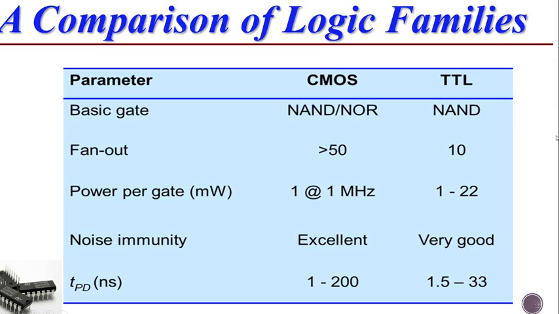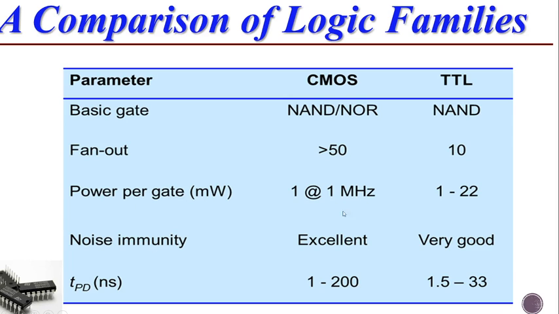The basic gates, NAND and NOR gates, can be constructed using CMOS, and here the NAND gate is used in TTL. Fan out for CMOS is greater than 50, and for TTL it is 10 only. Power dissipation per gate is 1 milliwatt at 1 megahertz frequency for CMOS, and 1 to 22 milliwatt for TTL.